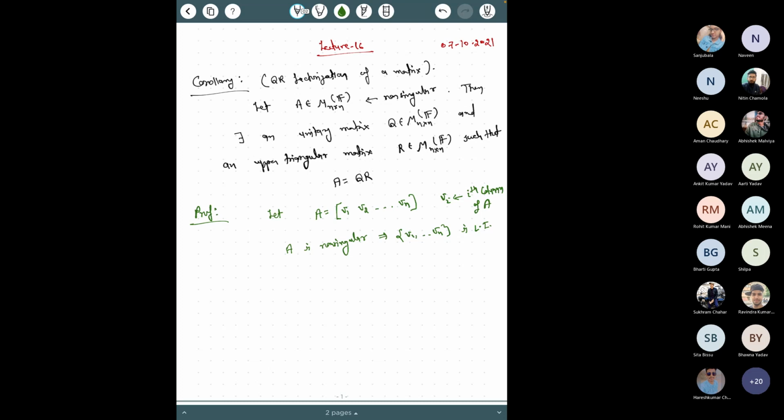In the proof of the Gram-Schmidt process, you can verify this.